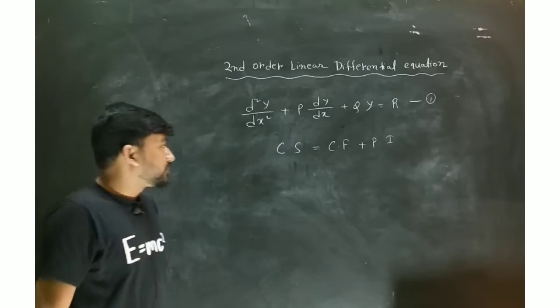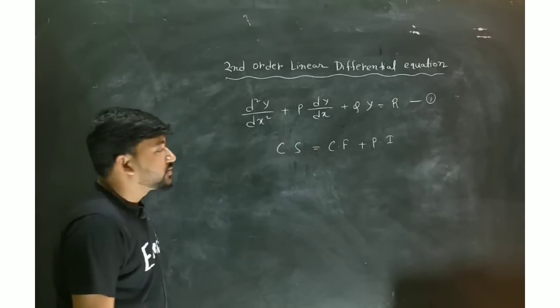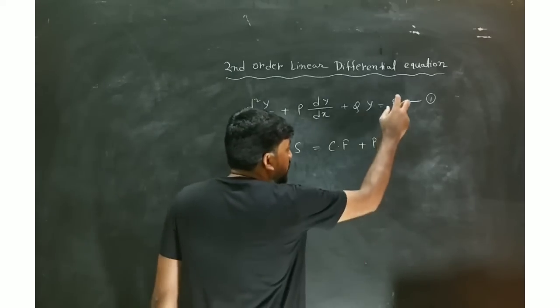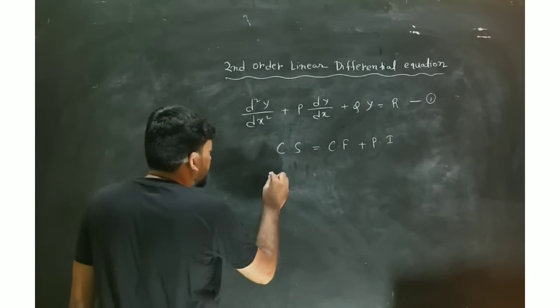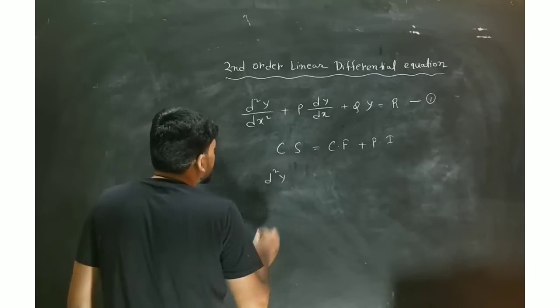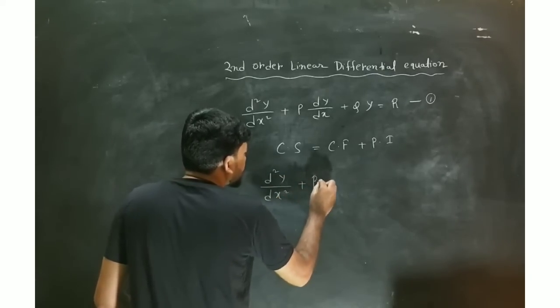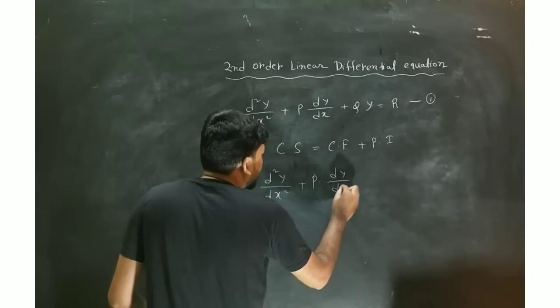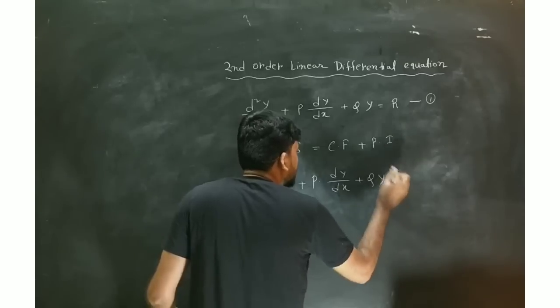So first you have to find the complementary function, and for that you have to put the right hand side as 0. So you have to solve the differential equation d2y/dx2 plus p dy/dx plus qy equal to 0.